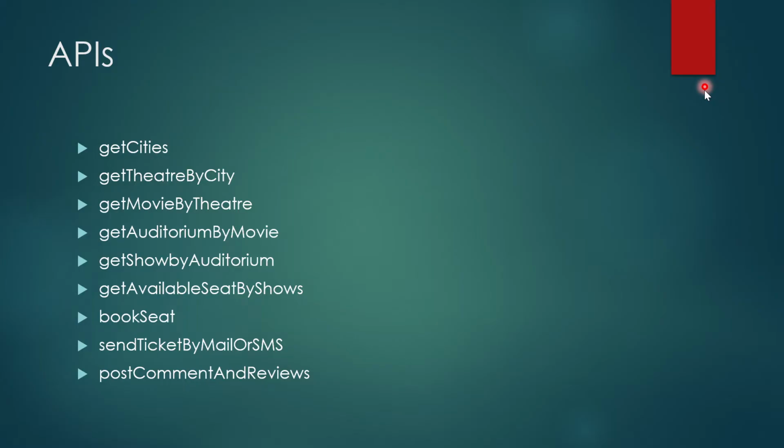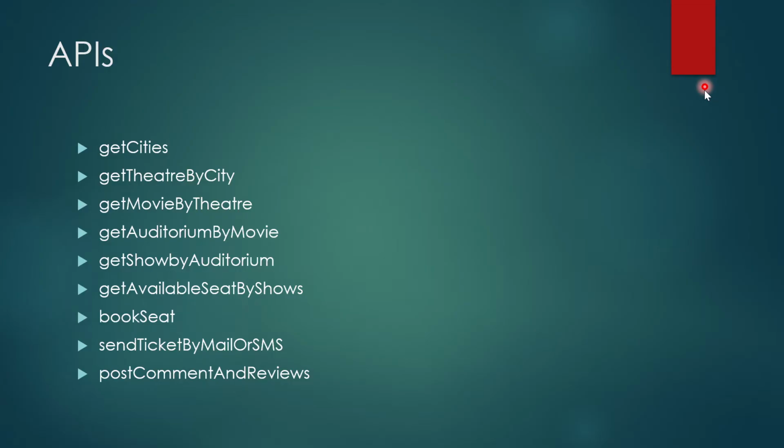And once you have the show, you need to show the user the list of available seats for that particular show. You also need some graphics, like the distance of the seat from the screen, and also the various categories like the front row seat, the back row seat, or the VIP seat. All those things need to be shown as part of the available seats.